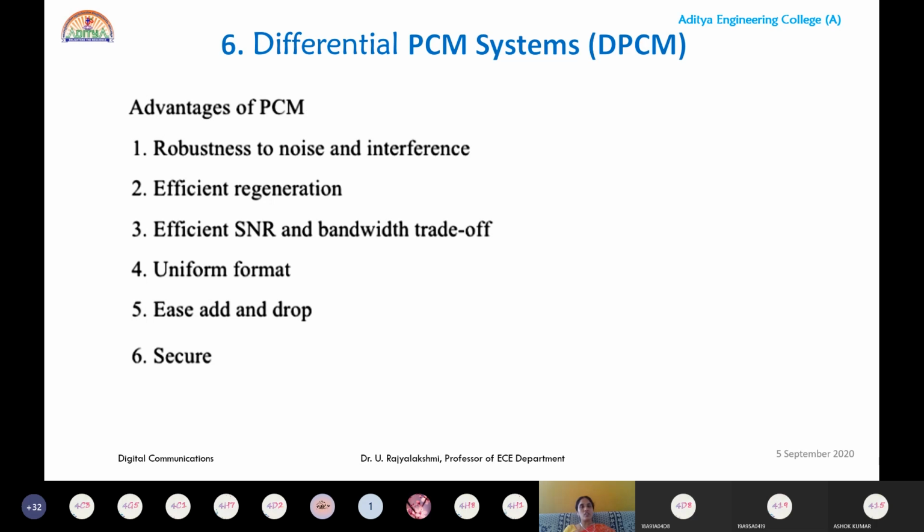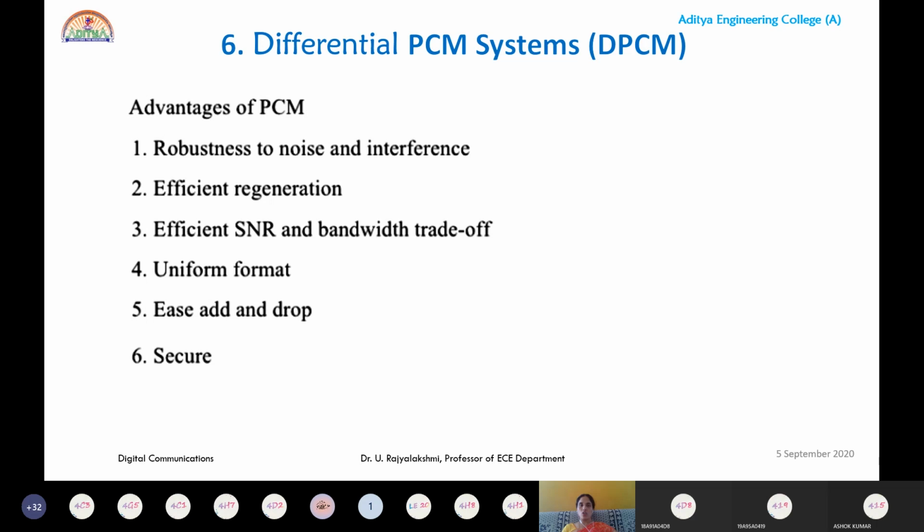Fourth, it provides a uniform format. Even in the case of a non-uniform quantizer, we use uniform quantization in between the compressor and expander. Next, please observe the fifth advantage. Traditional PCM has flexibility in adding and dropping channels. You can easily add as well as drop channels intermediately, during the transmission.